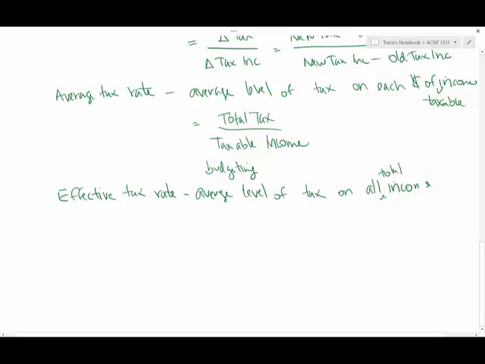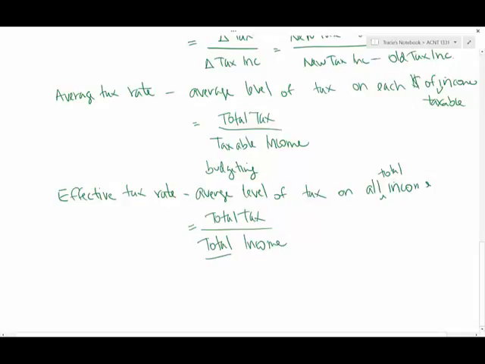So this would be taxable and non-taxable income. And so the way I calculate it is similar. Total tax divided by total income gets us to our effective tax rate.